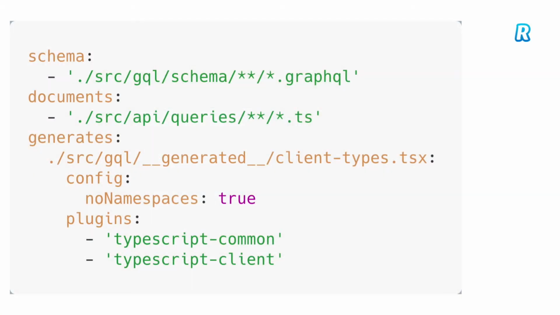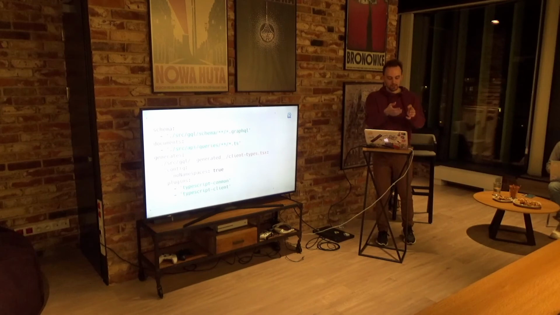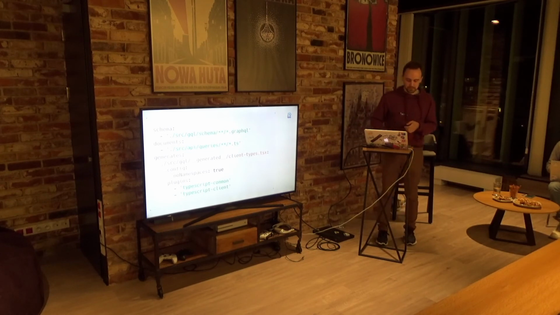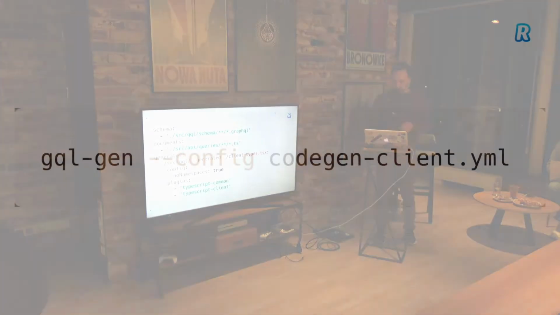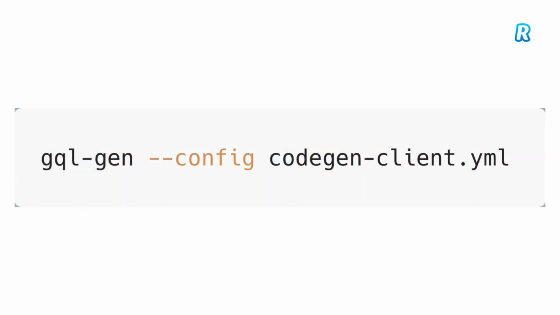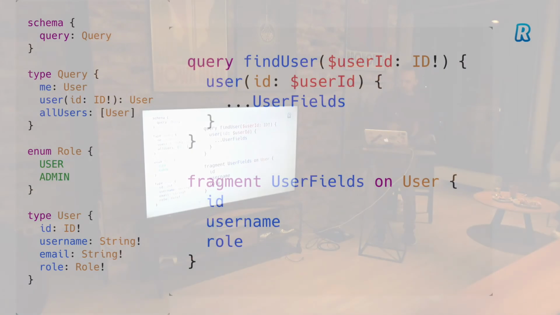You say where your schema is, where your documents are, basically the client-side queries, and where you actually want the output, the TypeScript files. It will generate one file named client types TS with everything generated based on your schema, and then you call GraphQL gen, and it will magically generate something.